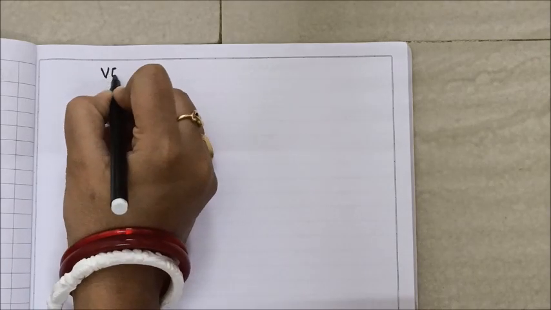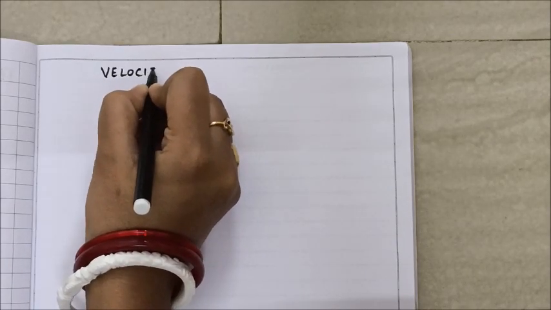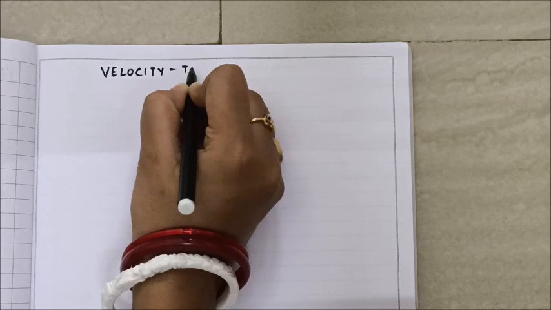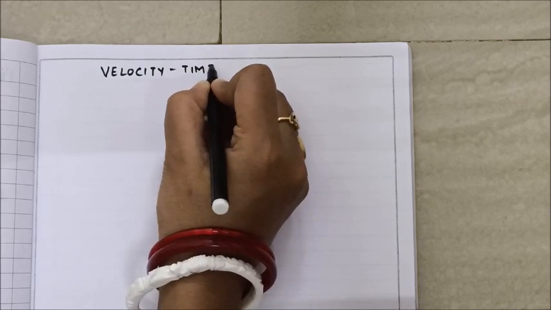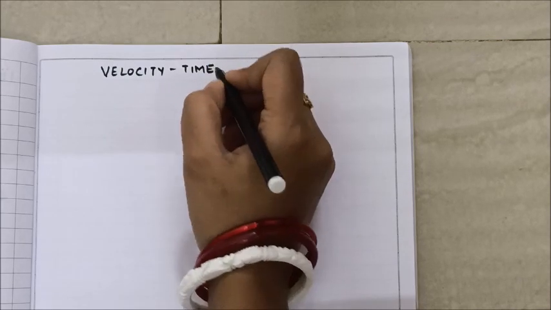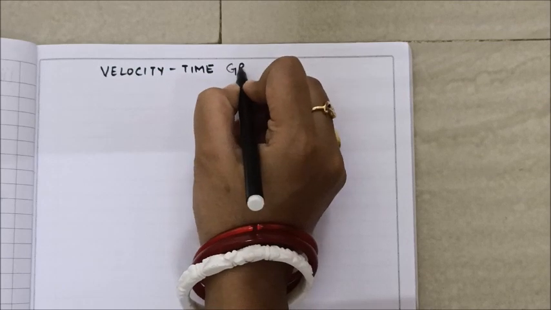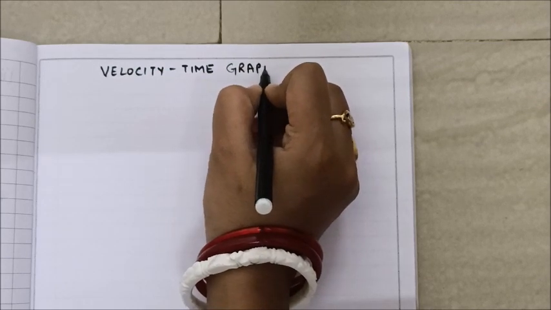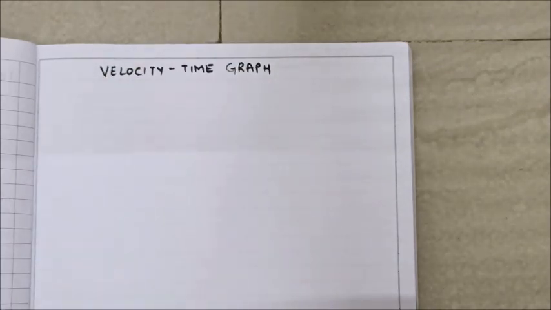Since we are done with the distance time graph, now I'm moving on to the velocity time graph. The velocity time graph is represented with velocity on the y-axis and time on the x-axis, just like our previous distance time graph.